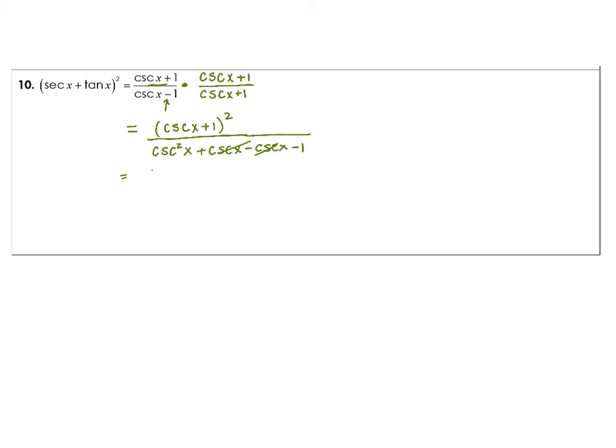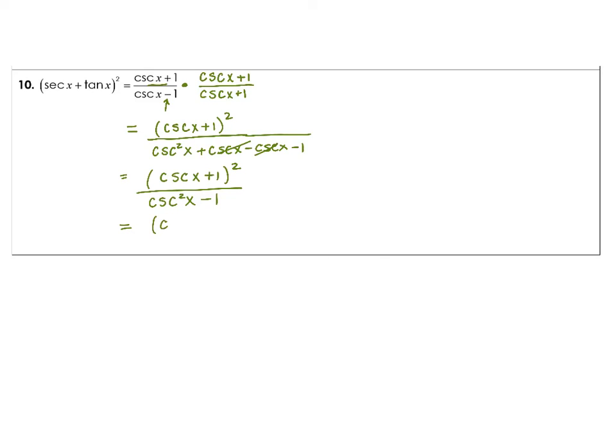And so again, I still have cosecant x plus 1 all squared, and that's going to be over, and this looks like an identity here. You have cosecant squared x minus 1. And if we check our identities, all of that bottom is going to change to be cotangent squared.